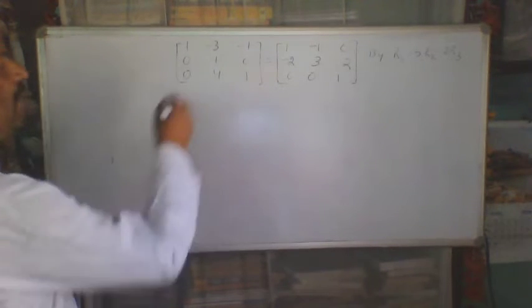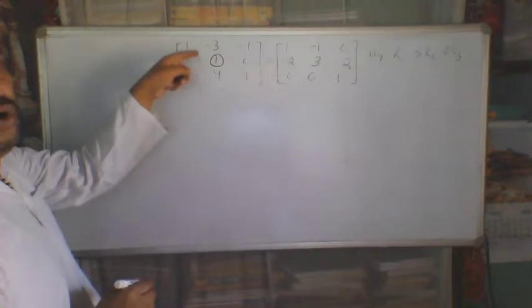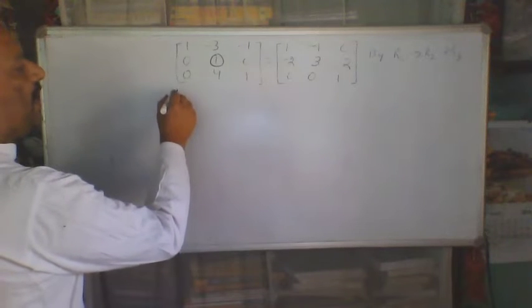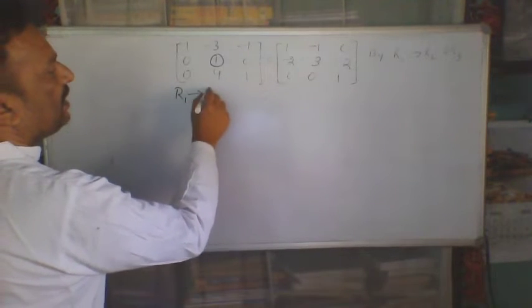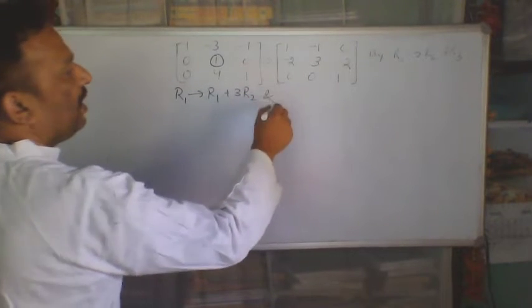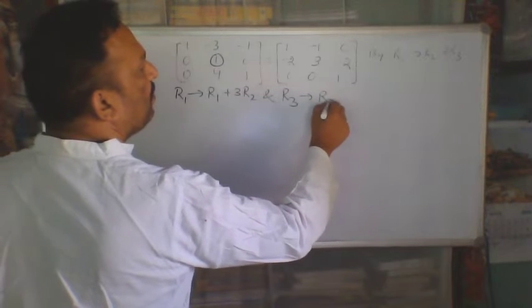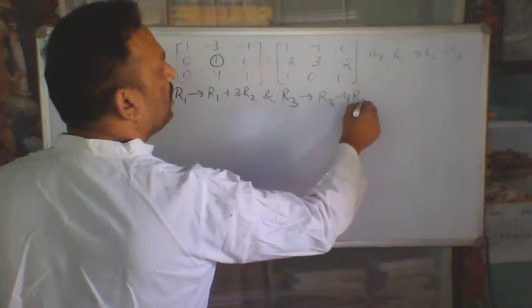With the help of this 1, we will make the other two elements of this column 0. How to make it? R1 is such that R1 plus 3 R2, and R3 is such that R3 minus 4 R2.